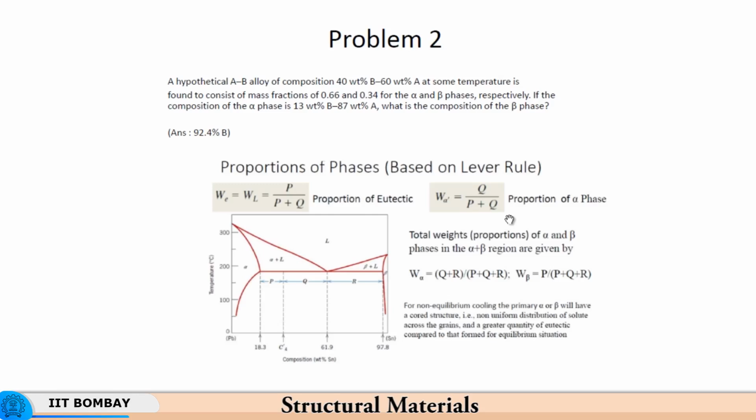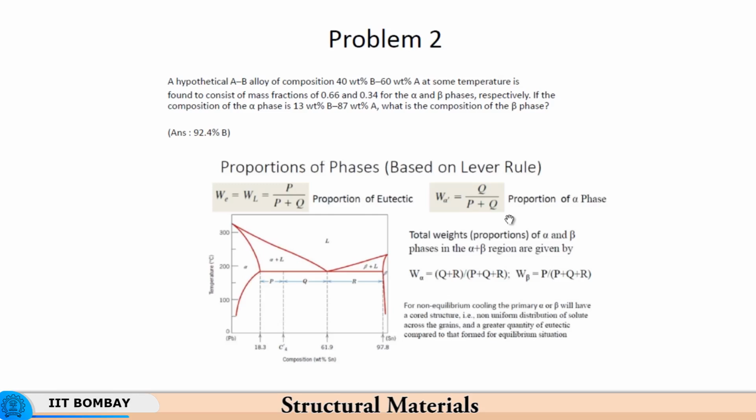So let us see the number of unknowns and the number of data points that have been given. The chemical composition is given, and the mass fractions have been given as 66% and 34% for the alpha and beta phases.